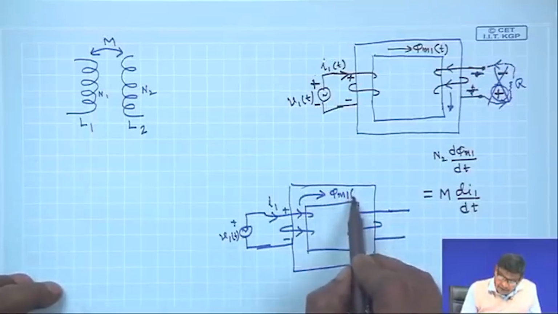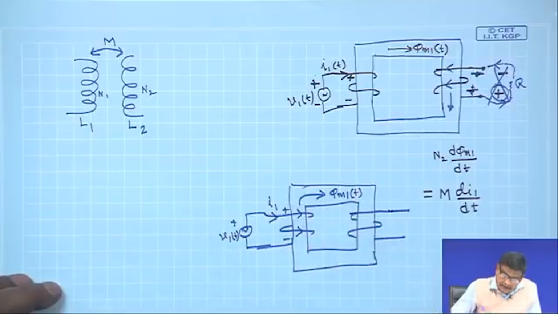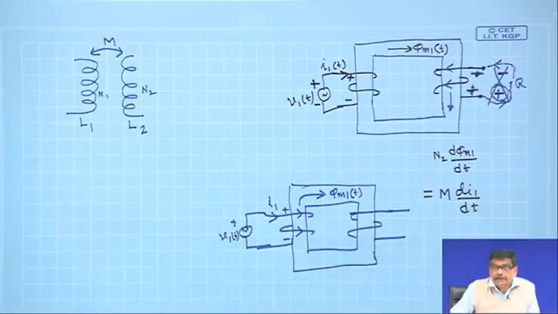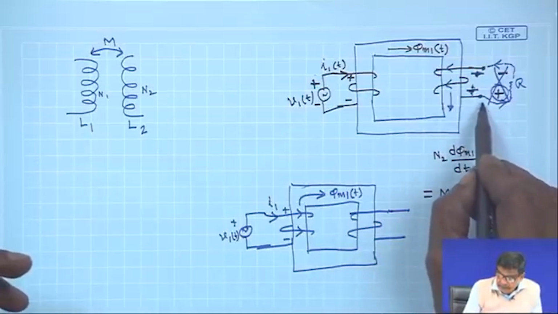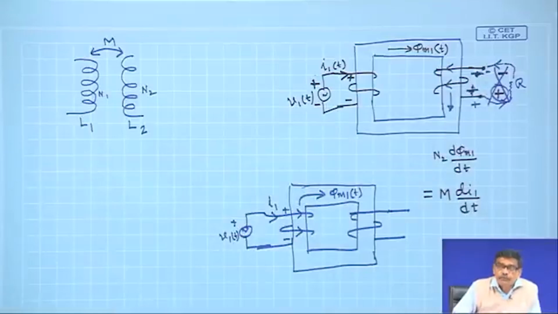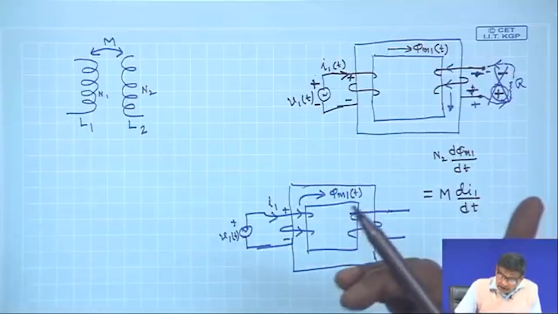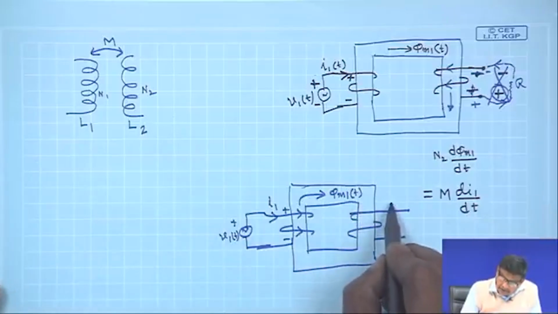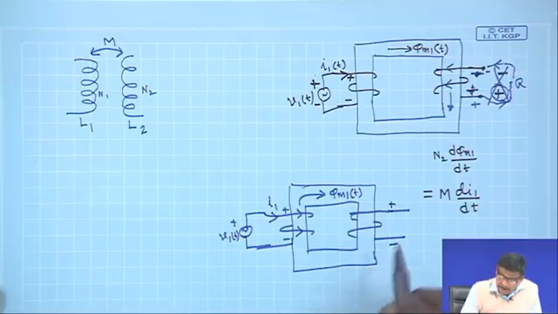And since phi m 1 is a time varying flux, it is going to induce voltage in the secondary coil, and we have right now seen that below plus and upper minus is out of question, it will defy Faraday's law. So, the only other alternative left is perhaps this is plus and this is minus.